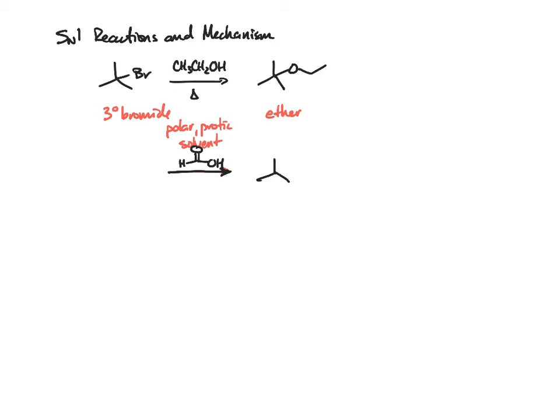Again, you're substituting that bromine. So only one of the H's would not come. Yeah, typically the hydrogen bonded to the heteroatom is not incorporated into the final product. Oh, okay. So this would be an ester.